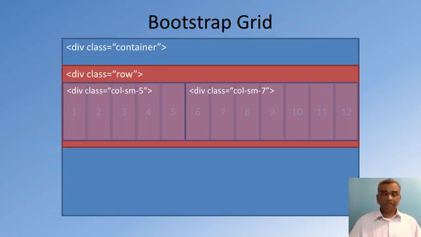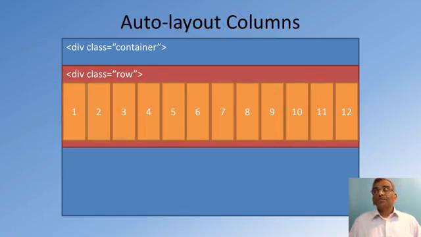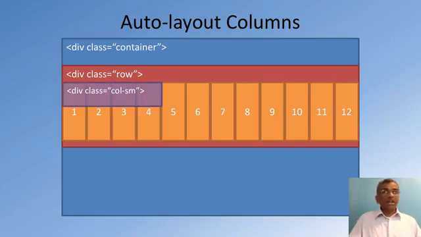With the use of the CSS Flexbox layout, Bootstrap also supports what is called the auto layout columns. So in this case, I can simply specify col-sm without specifying how many columns it is supposed to occupy.